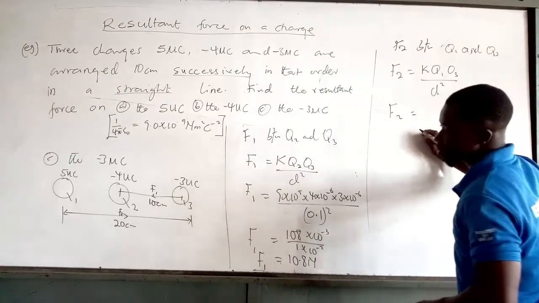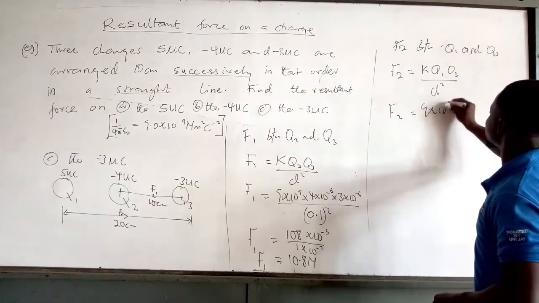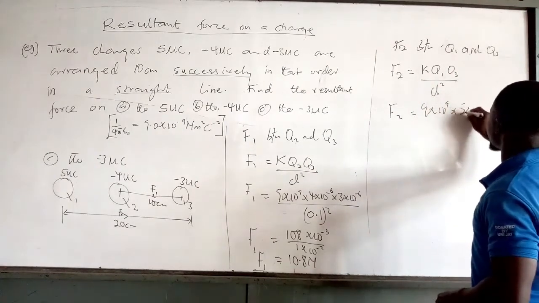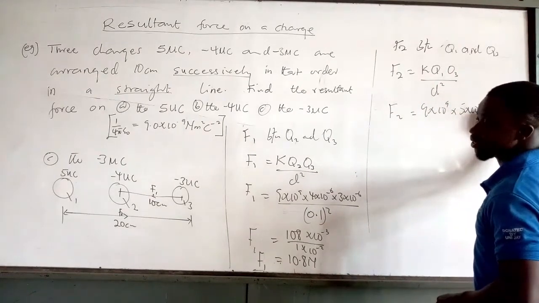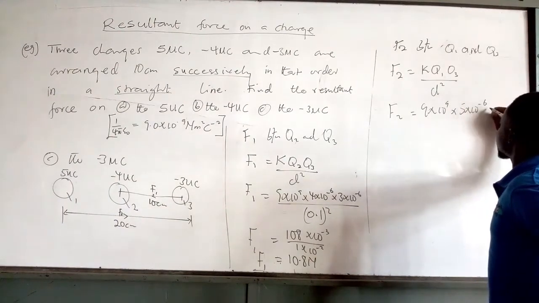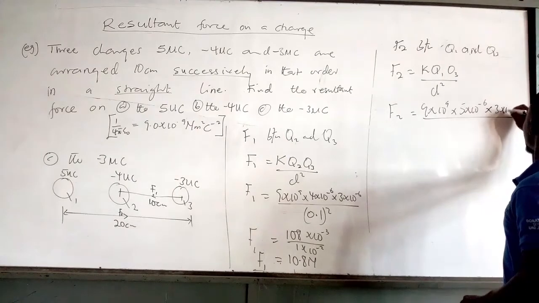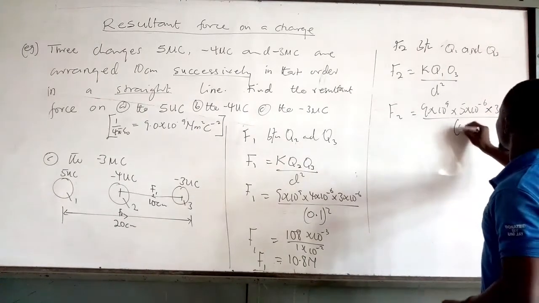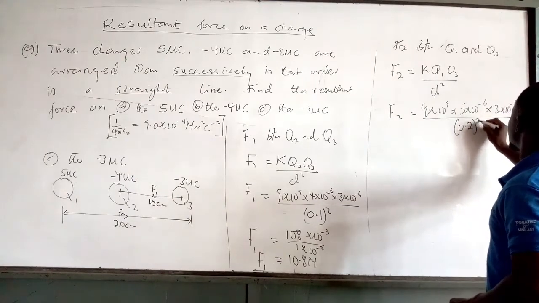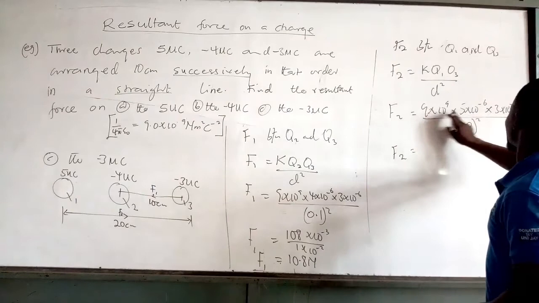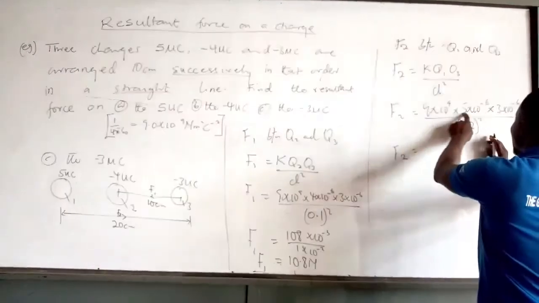So F2 is equal to 9 times 10 raised to the power 9 times 5 times 10 raised to the power minus 6 times 3 times 10 raised to the power negative 6 all over 0.2 squared.